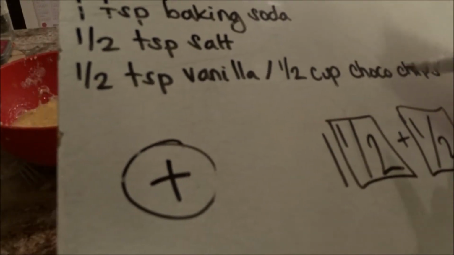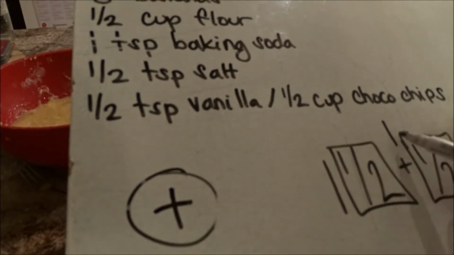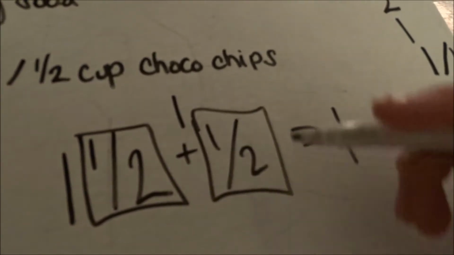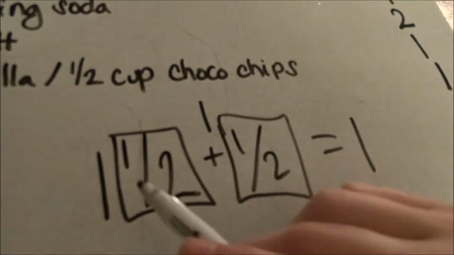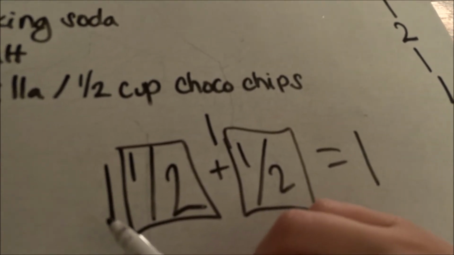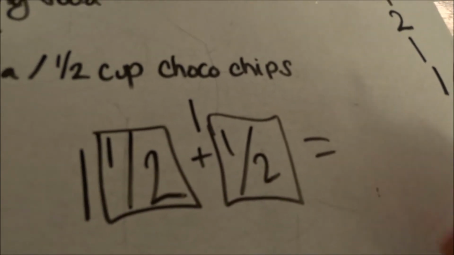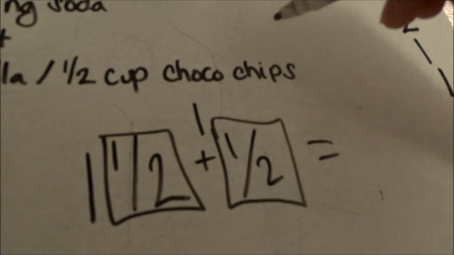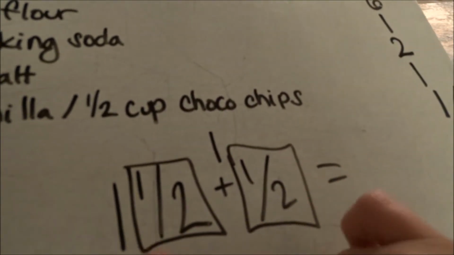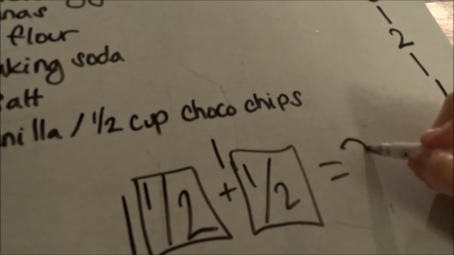So now all we need to think is 1.5 plus 1.5. Now if we look at this, one and this one are kind of the same. So we could take those out and we could make it easier on ourselves. So let's take this out. We'll remove 1 and 1 because we know 1 plus 1 is 2.